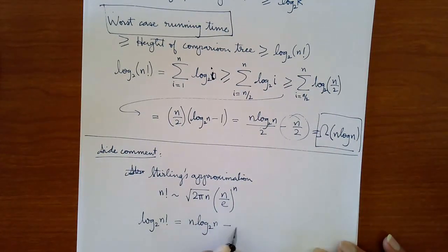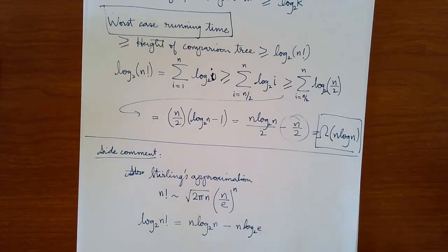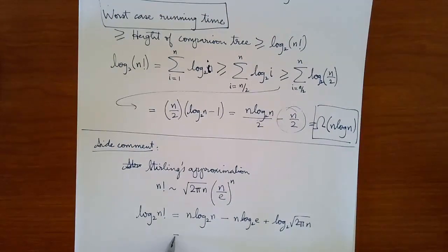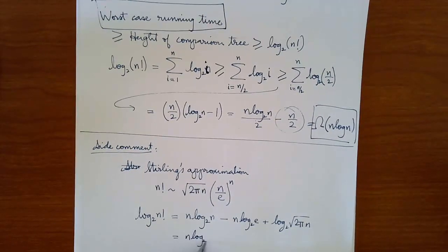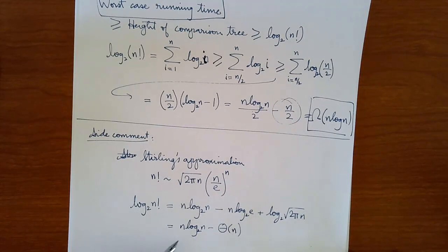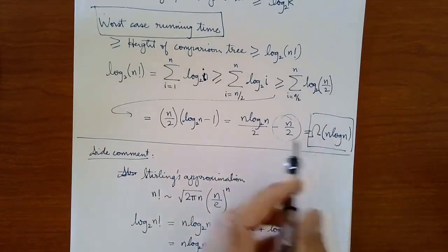Because you'll get n log base 2 of e, plus log base 2 of square root 2 pi n, but all of these things are really small. So what you get is n log base 2 of n minus theta of n. So essentially, the constant is tight. It's just 1, whereas what we got here was a half.